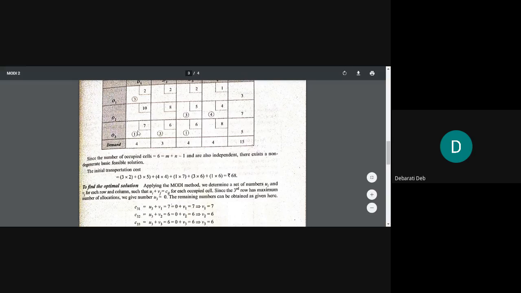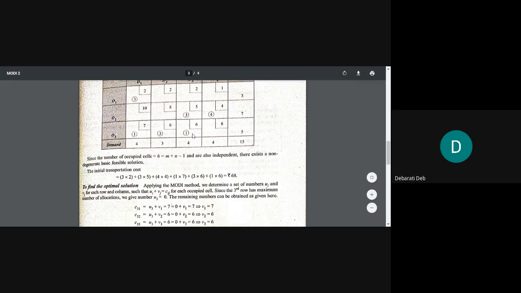C31 equals U3 plus V1. Now we solve for V1 because we know U3 is 0. So we put 0 in place of U3 and calculate V1. It will be 7. Similarly, we will finish this row first, and after that we will move on to other cells.